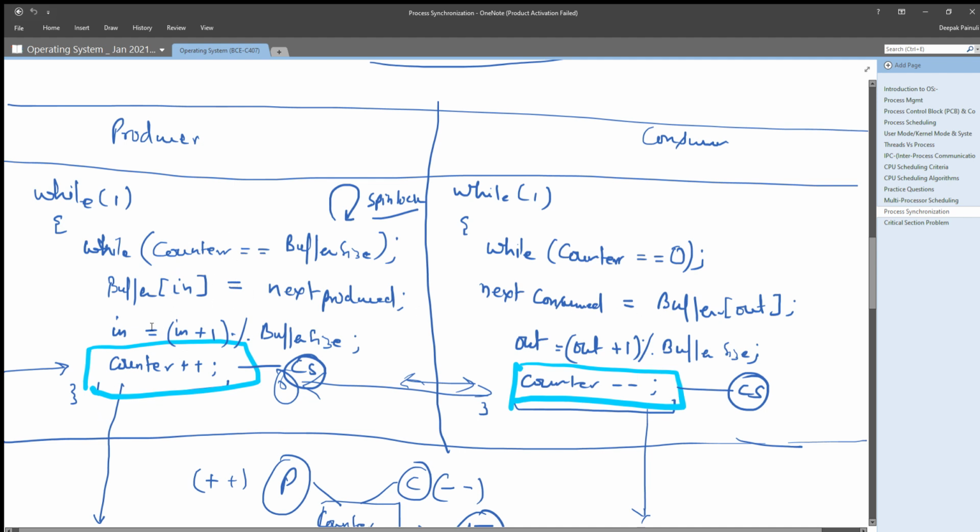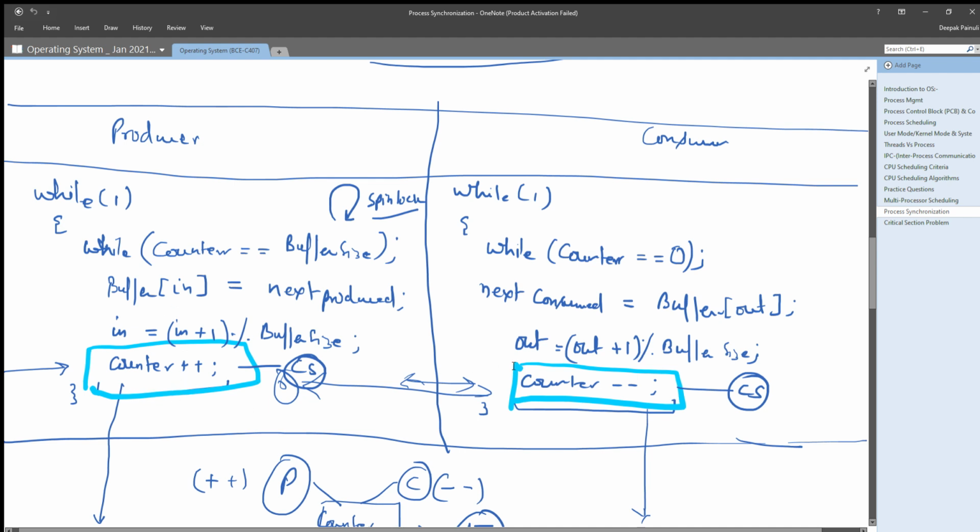In the code of producer or consumer, we can see it is changing counter at line number 6.